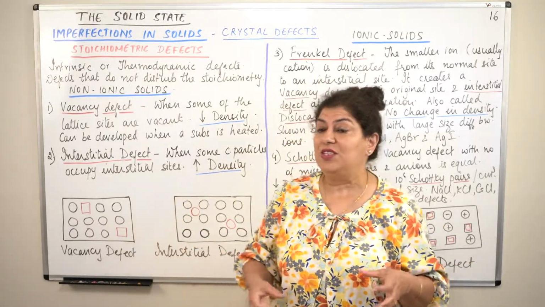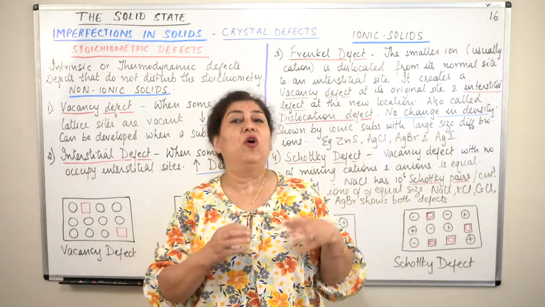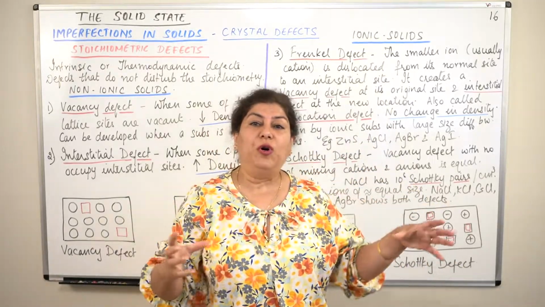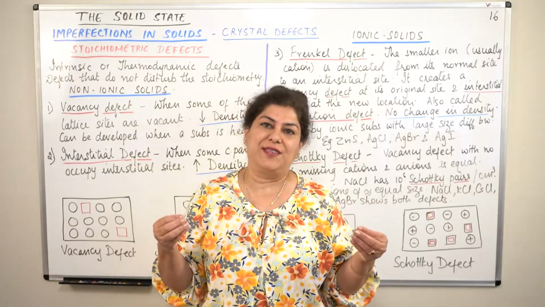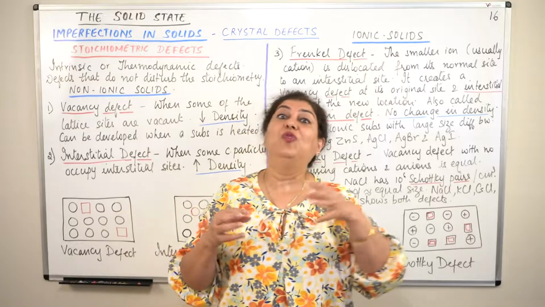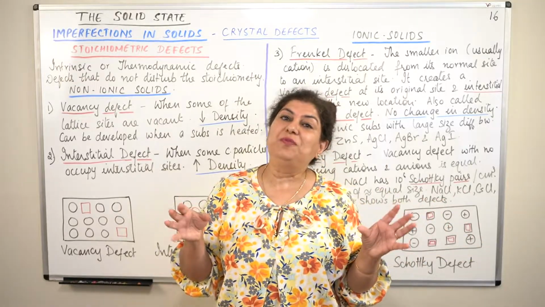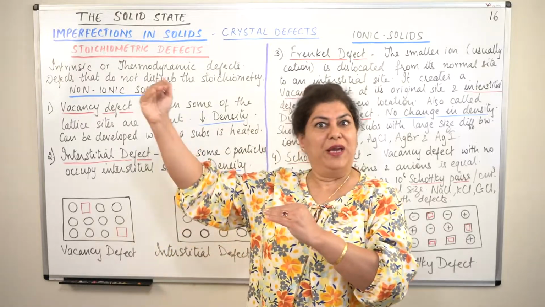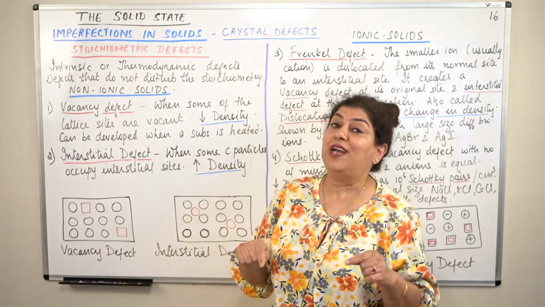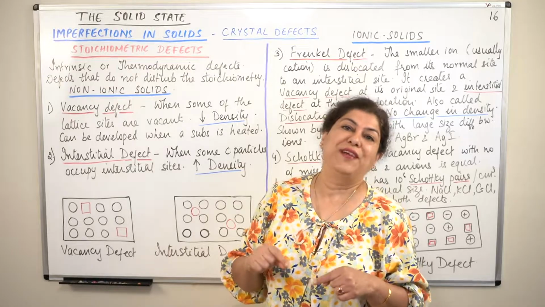A perfect crystal would be one which is perfectly ordered, with perfect order at every point of the crystal. There are no point defects, there are no line defects, but that is possible only at 0 Kelvin. So any temperature above 0 Kelvin is not thermodynamically feasible for a perfect crystal.